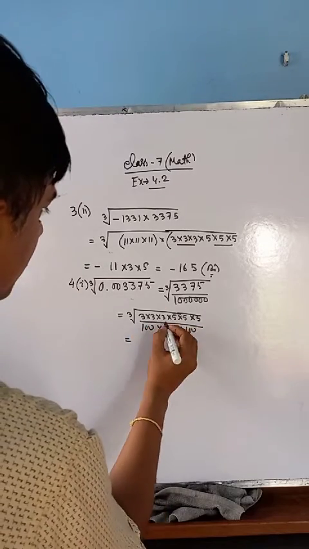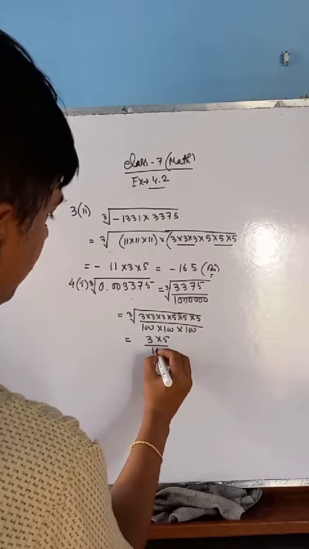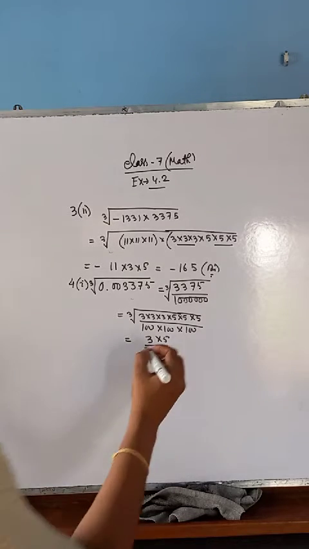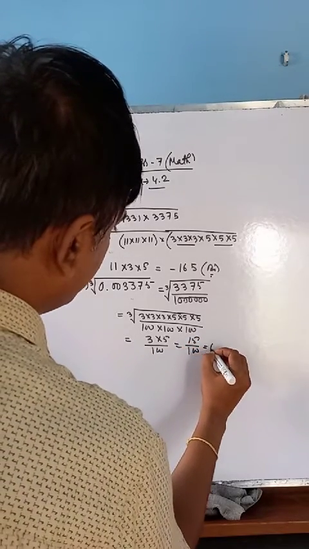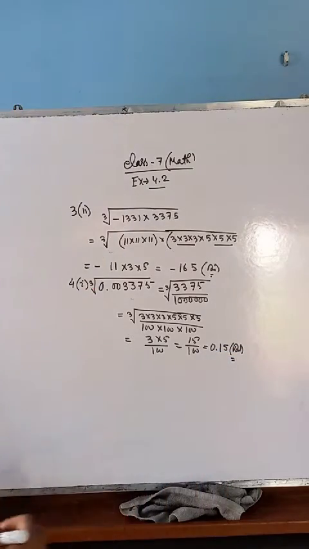Whatever you get, from these 3 you get 3, from this 5 you get 5, over 100. Group of 3, you can adjust the number. So 15 by 100. The answer will be 0.15. This will be your answer. I think it is clear to all of you.